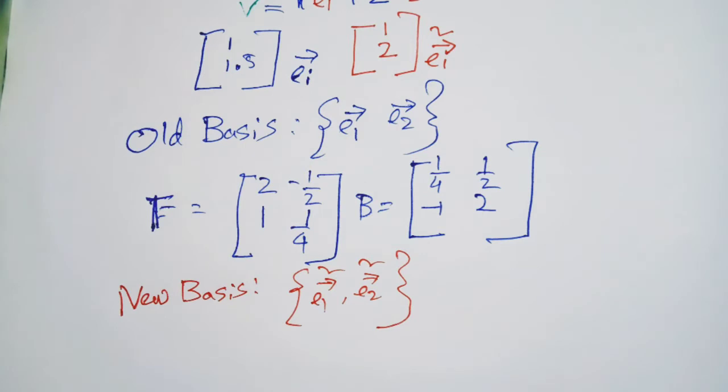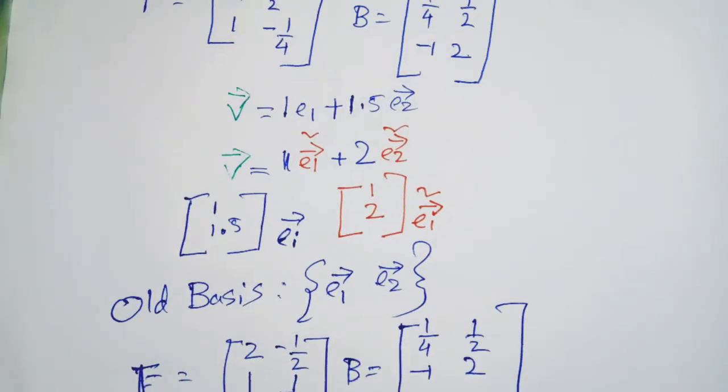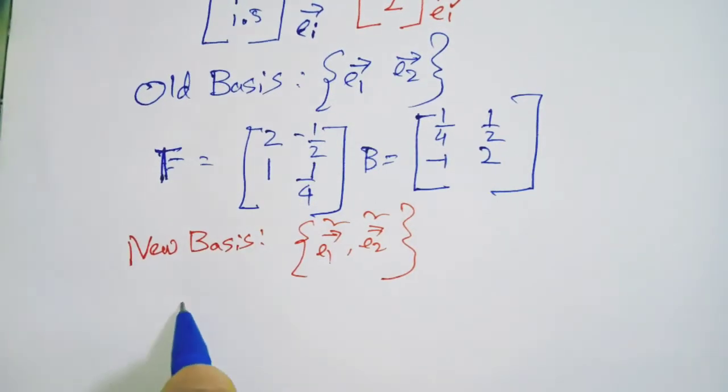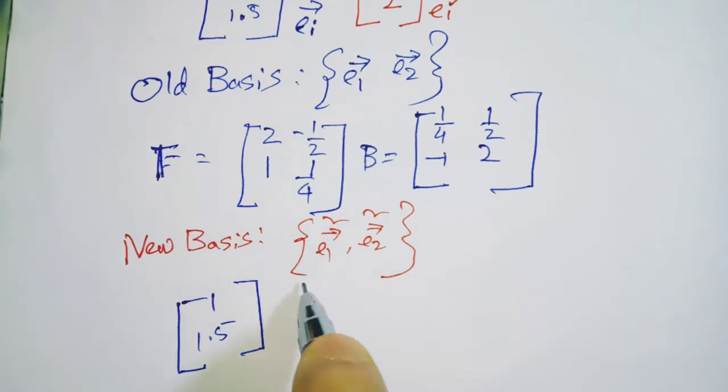And what are the values that we have received? These are the values we have received, from this, right? 1, 1.5, 1 and 2. So let me write it for you. It would be 1, 1.5, right? And for the new one, we have got 1 and 2.